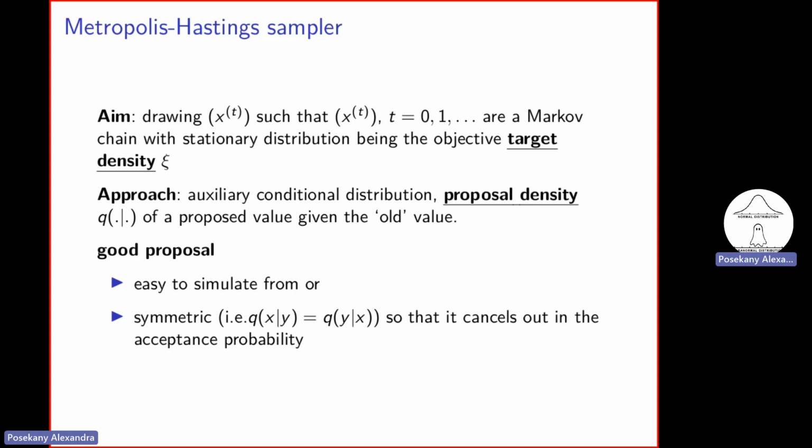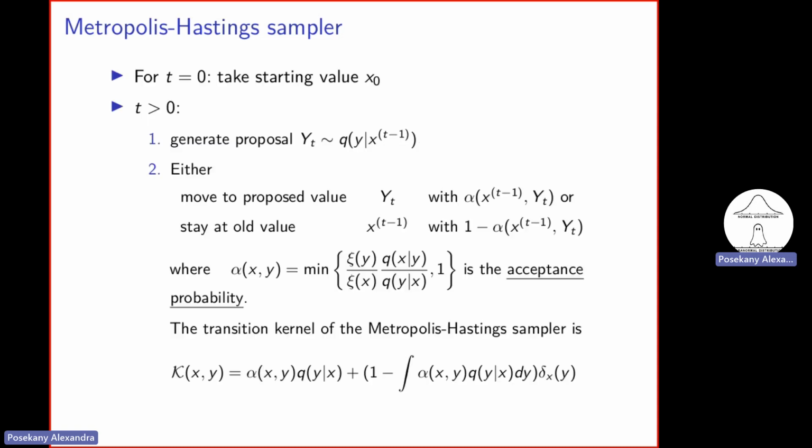And then there's a symmetry requirement. It has to work in both ways. If I provide you one value, and this is the one proposed, it should also be possible to propose the other value given this one. This symmetry requirement is necessary for the acceptance probability so that we can cancel this out. Why? Because this is appearing here.